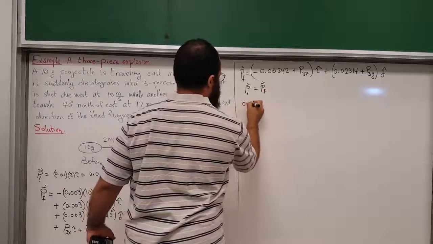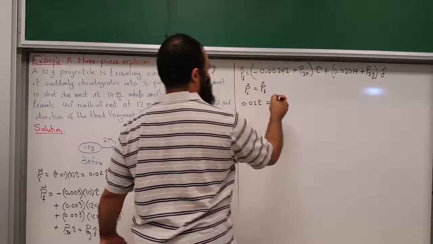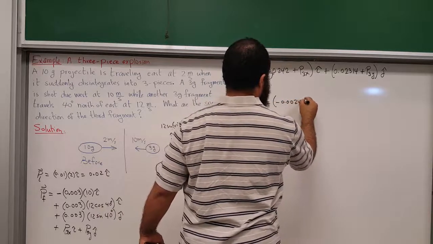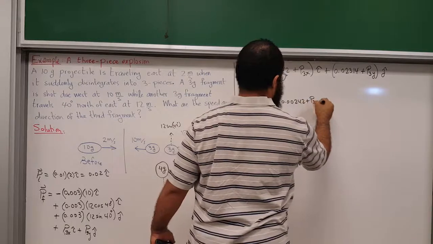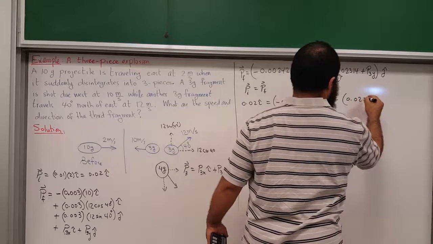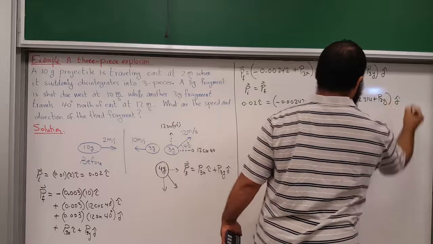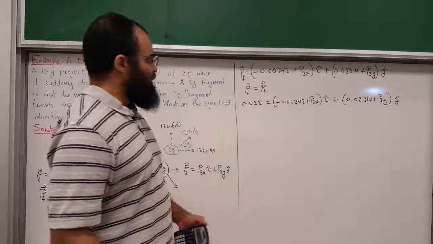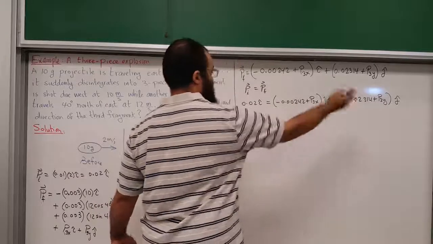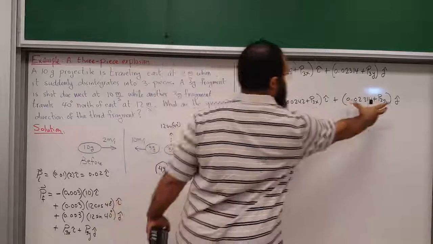And it has to equal the P final, which is negative 0.00242 plus P3x i hat plus 0.02314 plus P3y j hat. They have to be equal. So the i hat has to equal the i hat, and the j hat has to equal the j hat. The j hat part for P initial is 0, so this part has to be 0.